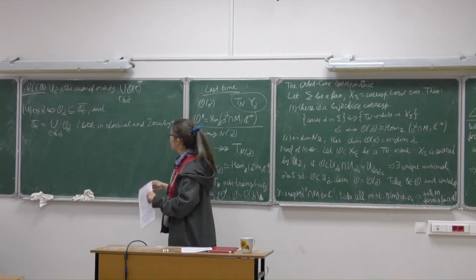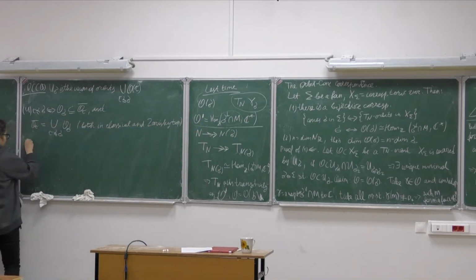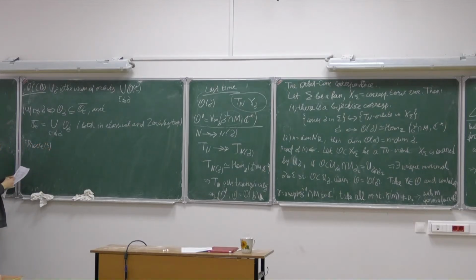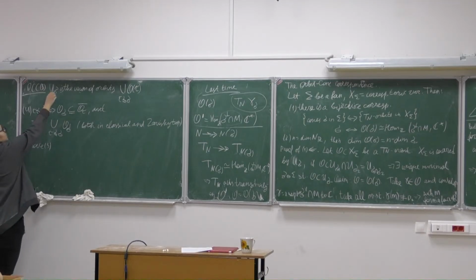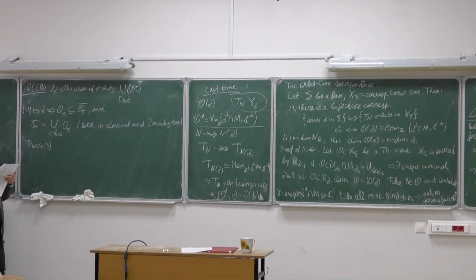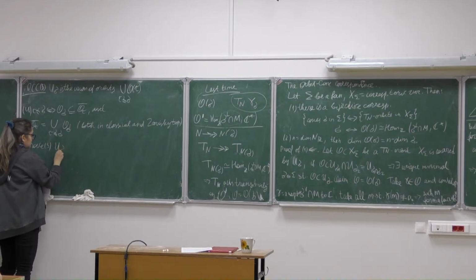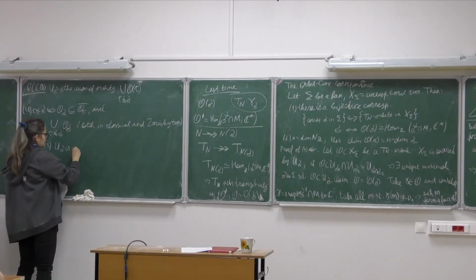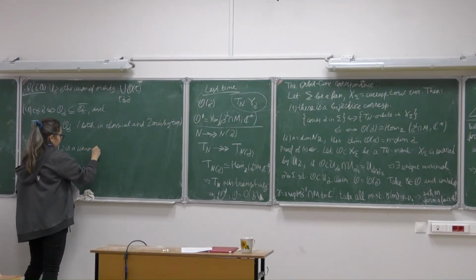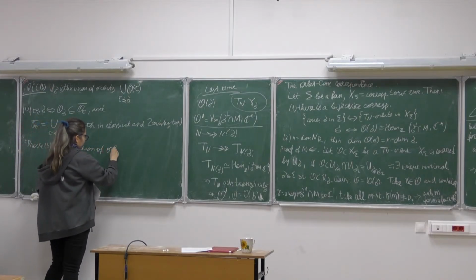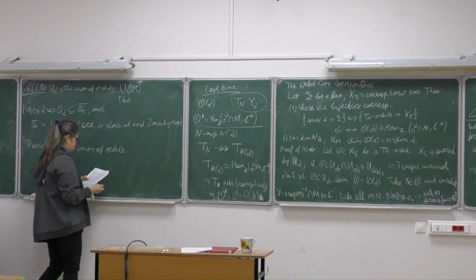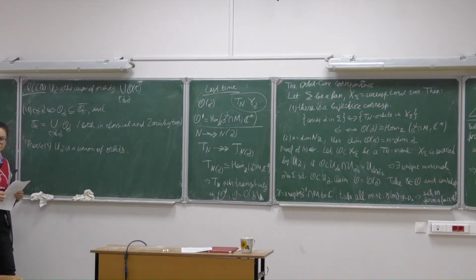Okay. How to prove 3? We know that U sigma is invariant, so it is a union of orbits. Why is it invariant?